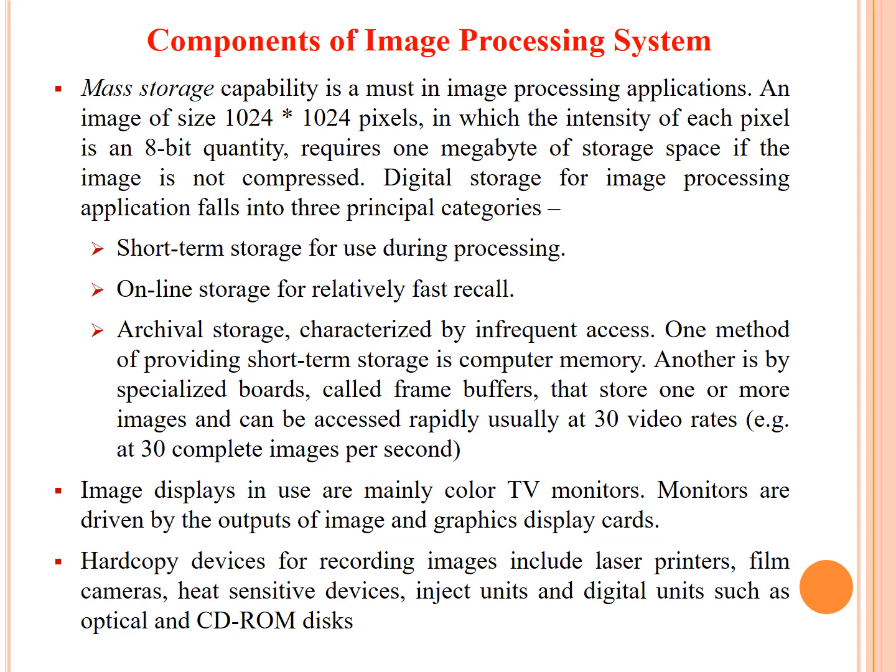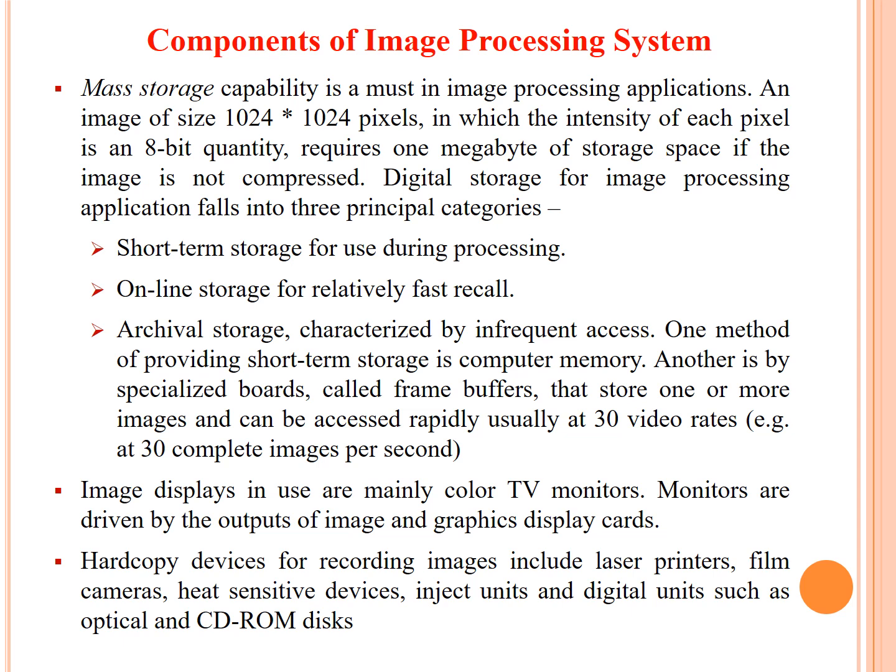Digital storage for image processing application falls into three principal categories. Number one, short-term storage for use during processing. Number two, online storage for relatively fast recall. And number three, archival storage characterized by infrequent access.